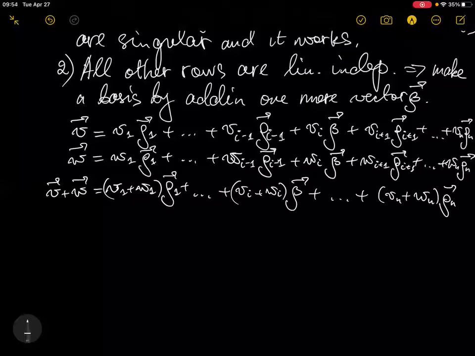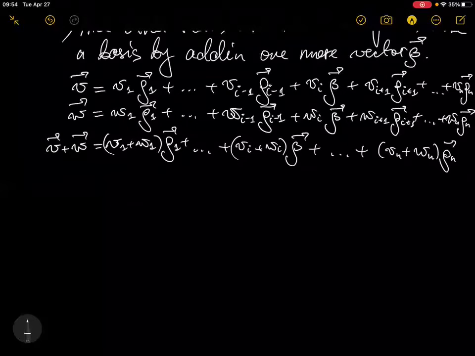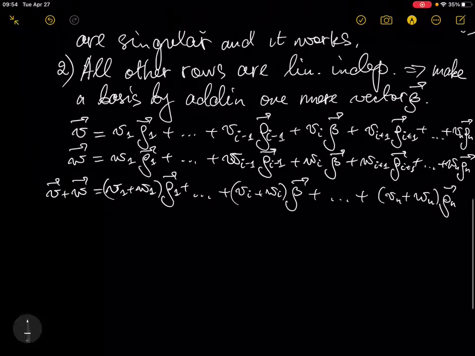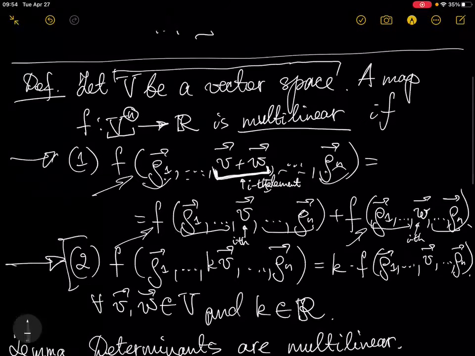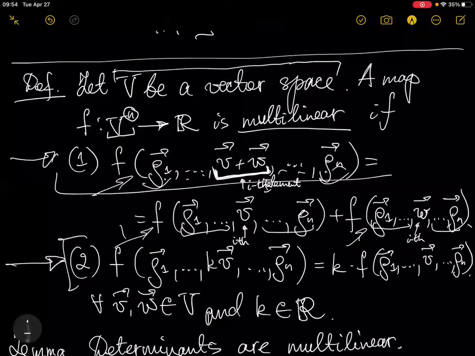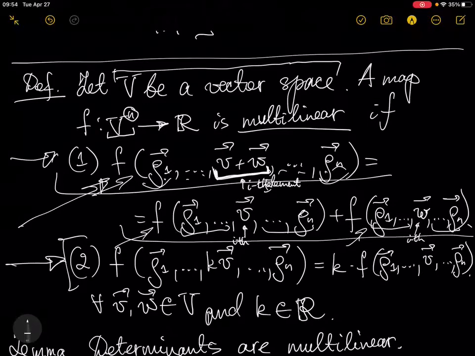So now, if we consider the left side of our expression 1, so essentially expression 1 was, let me remind you, this one. So this is the left side, right?